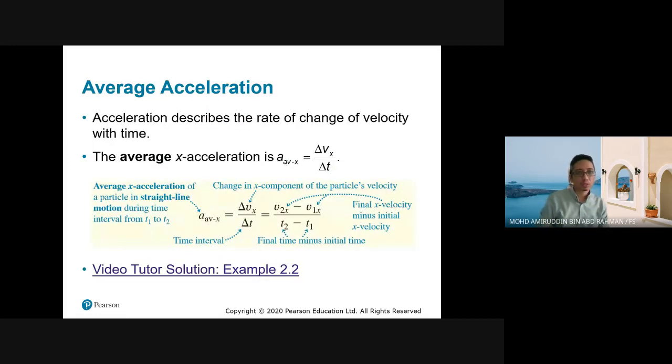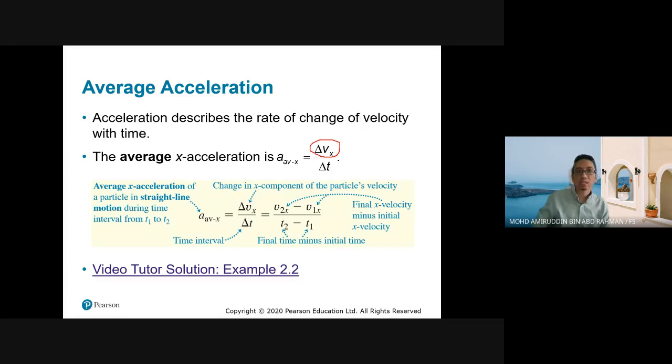So we have the concept of the average acceleration. Before this, we had the concept of the average velocity. The acceleration is the rate of change of velocity with time. So that means we need to find the delta velocity.